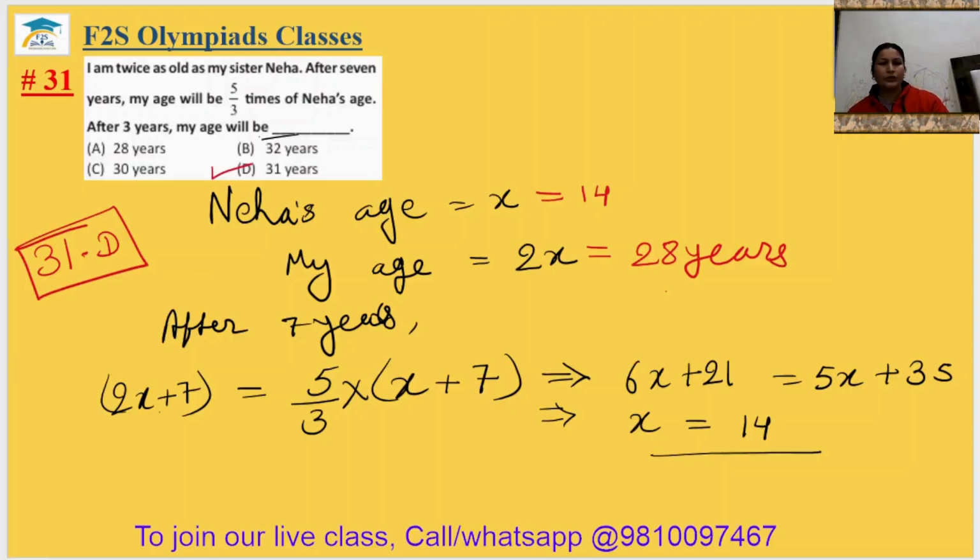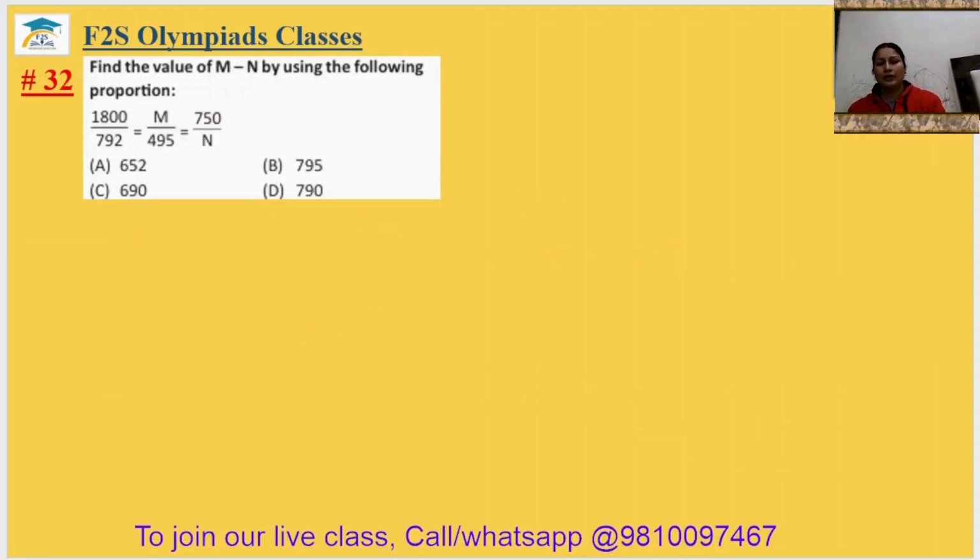Question number 32. Find the value of m minus n by using the following proportion. So to find the value of m and n, it's better to reduce the fraction 1800 over 792. If you reduce the fraction, you can just take the common factor.